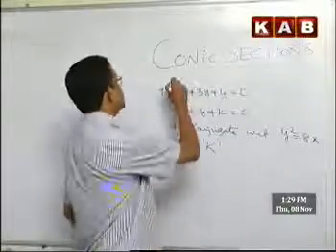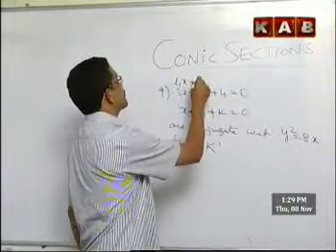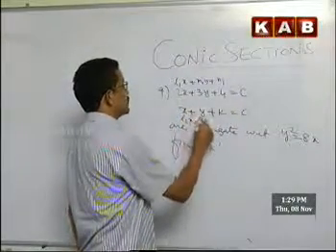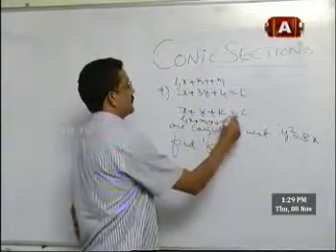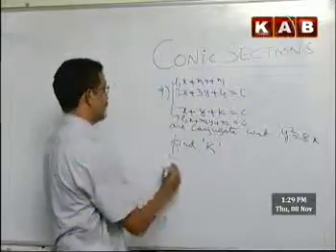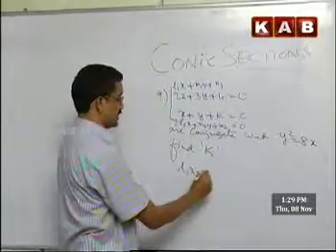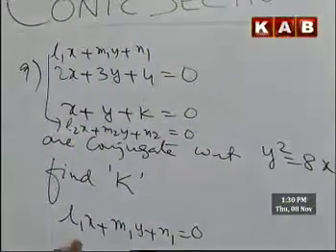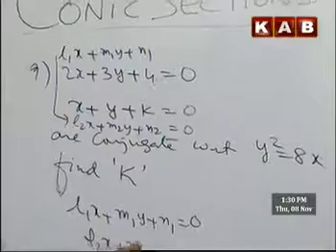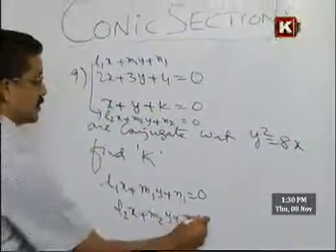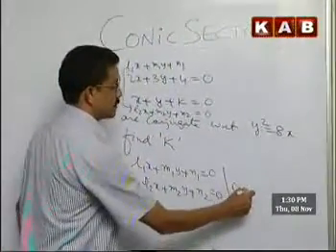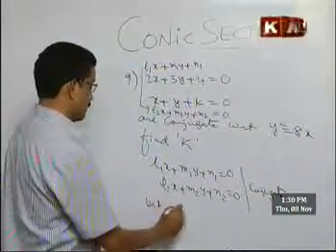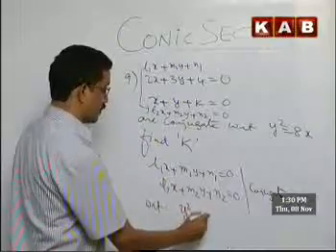Two lines: L1x plus M1y plus N1 is equal to 0, and L2x plus M2y plus N2 is equal to 0, are conjugate with respect to y square is equal to 4ax.